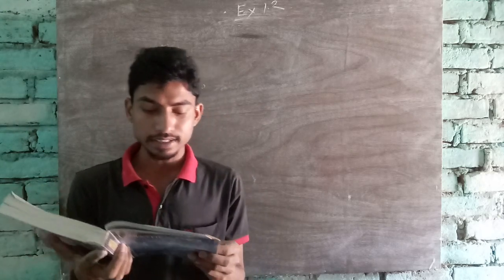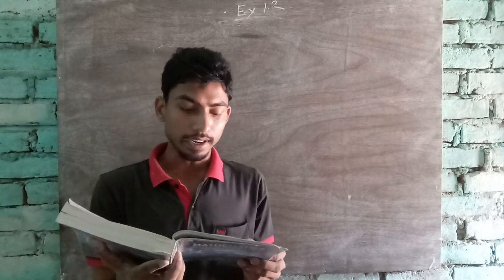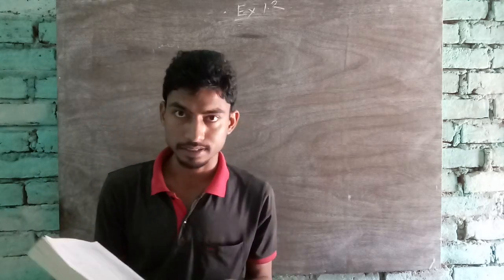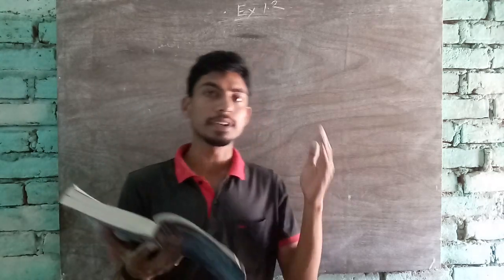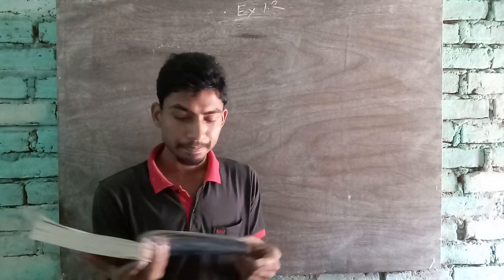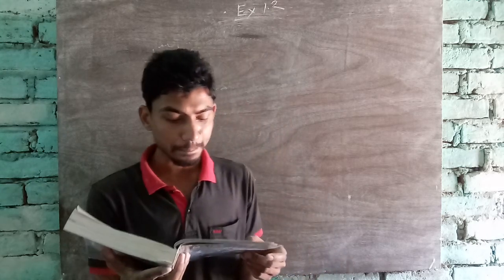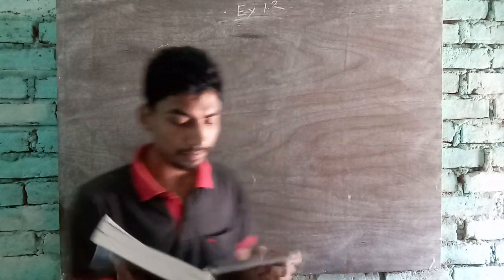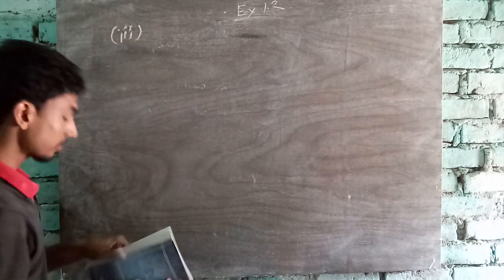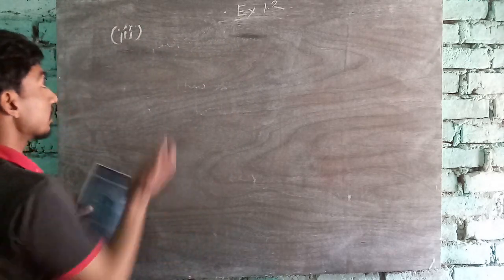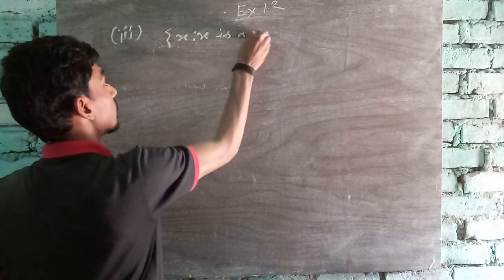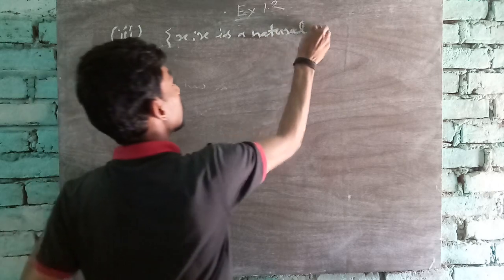Next, third: the set of x such that x is a natural number and x is less than 5 and x is greater than 7.